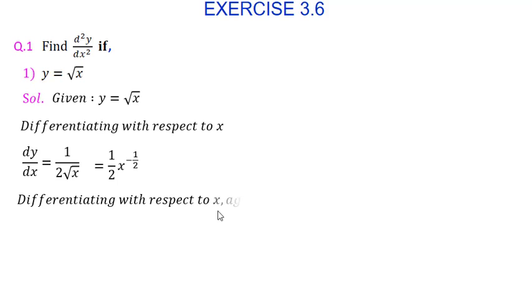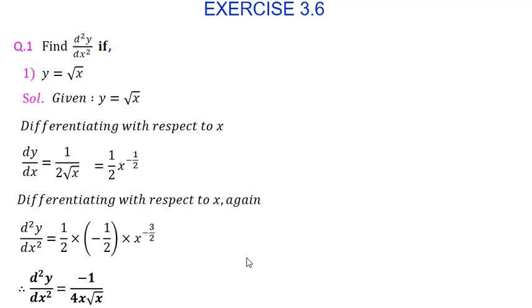I will differentiate this function again with respect to x and I will get d square y upon dx square equal to 1 by 2 remaining as it is, and the derivative of x power minus 1 by 2 is minus 1 by 2 into x power minus 1 by 2 minus 1, that is x power minus 3 by 2. On simplification, d square y upon dx square is equal to minus 1 upon 4, and in the denominator I have x into root x, since x power 3 by 2 is x into root x.